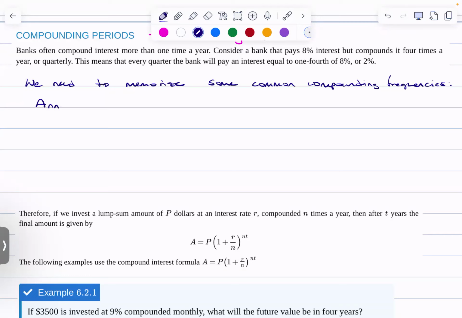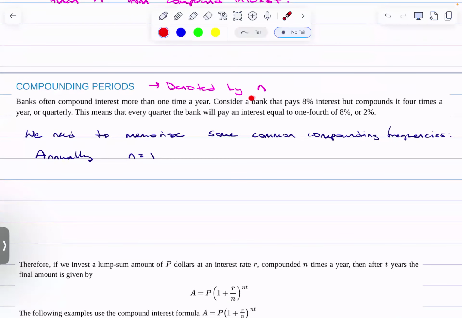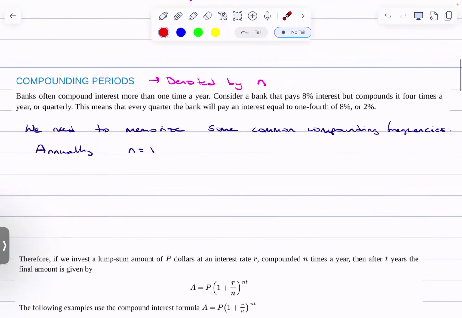Of course, you can compound annually, where n is equal to 1. Because we use a lowercase n to denote the compounding periods, or how many compounding periods we have in a year.